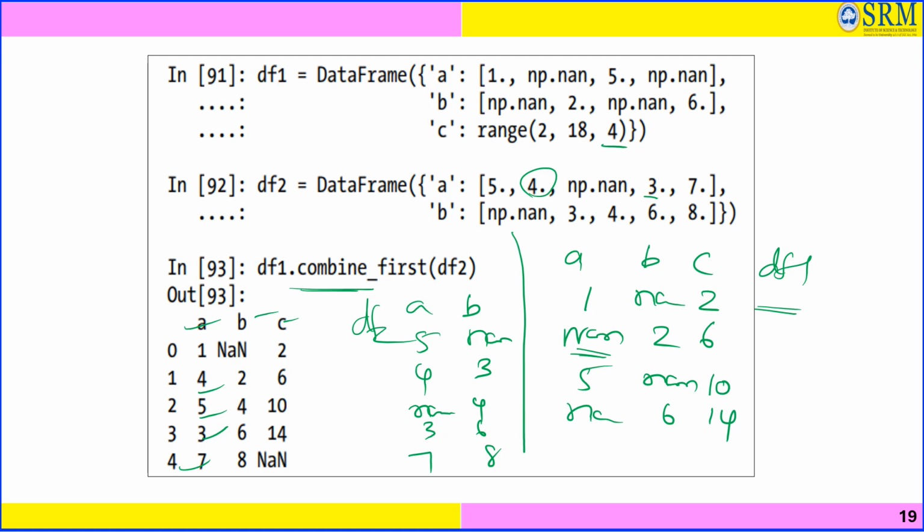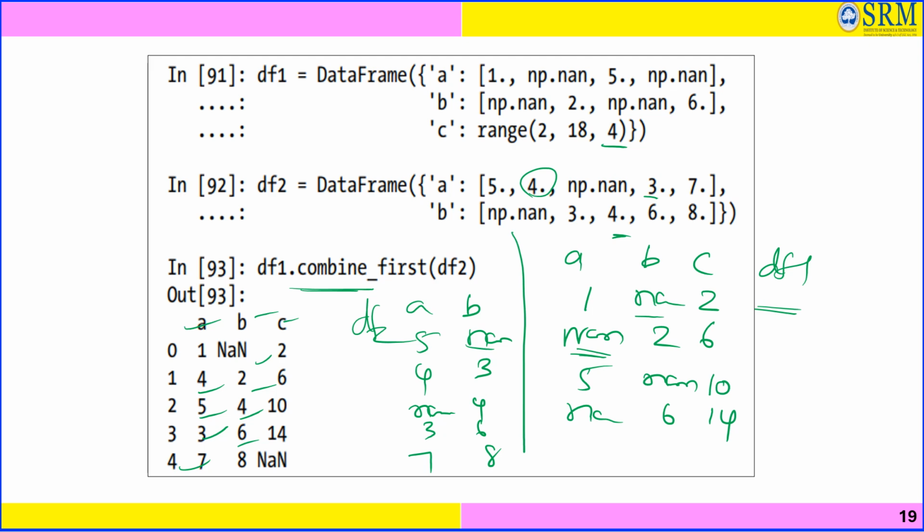Similarly for b, here also nan, here also nan, so there is no change. And next one is 2, yes 2, and for this you have nan, but you have 4 value, that 4 value is filled, and you have 6, and then the 8 is from df2. Similarly, for c, you have nan here, but the c value, yes, you have 2.